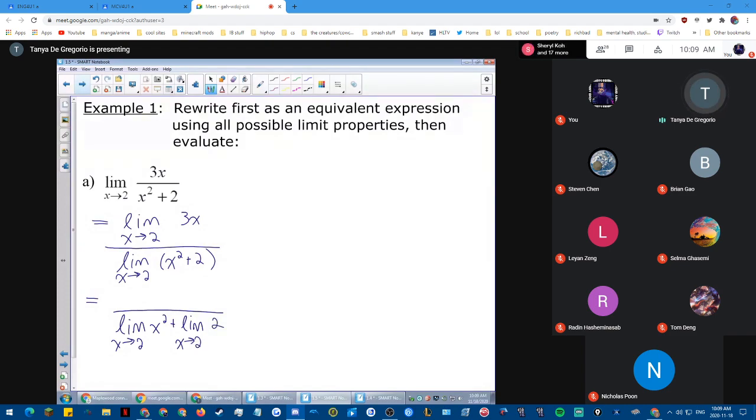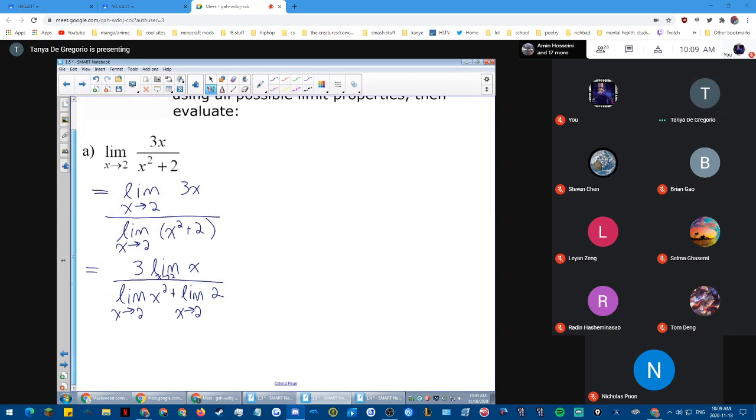Perfect. Look at the numerator. Look at your property. The multiplication one. No, try again. Look at what you have there. You have 3x. What's 3? Constant one. There you go. Okay. Did we get them all? Yeah.